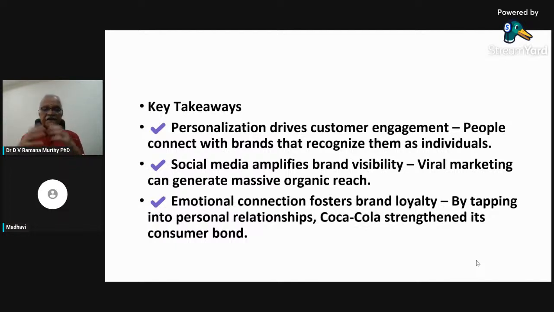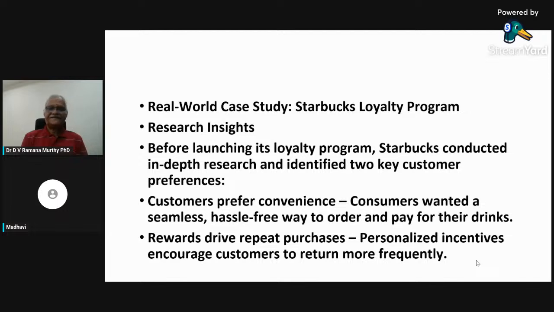Extraordinary. Then emotional connection, as I just told you, fosters brand loyalty. You get emotionally connected to the particular brand. All this happened by tapping into personal relationships. Coca-Cola strengthens its consumer brand through this kind of strategy. So, that's another interesting case.